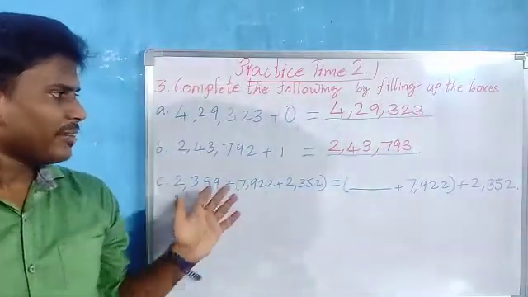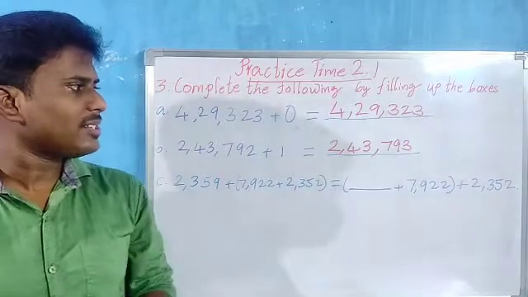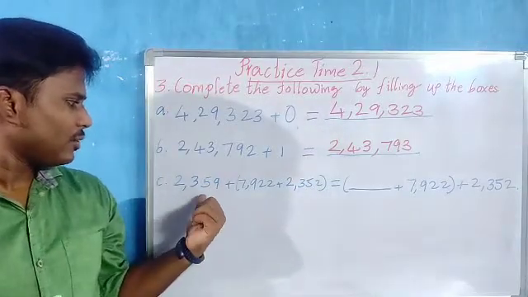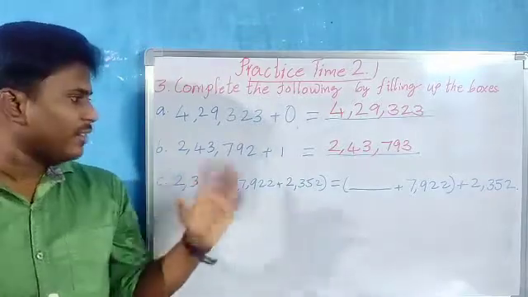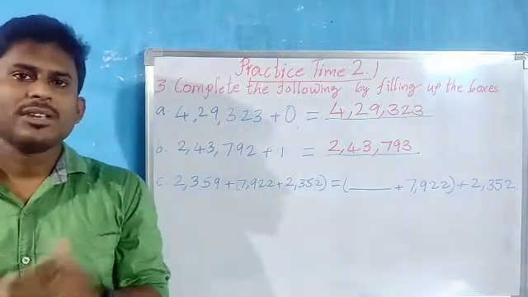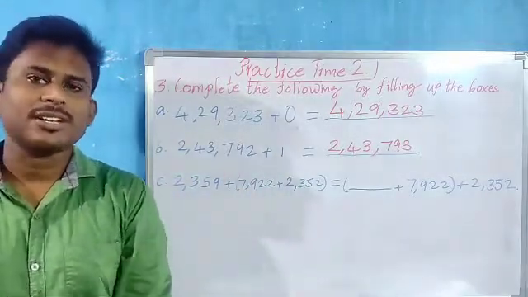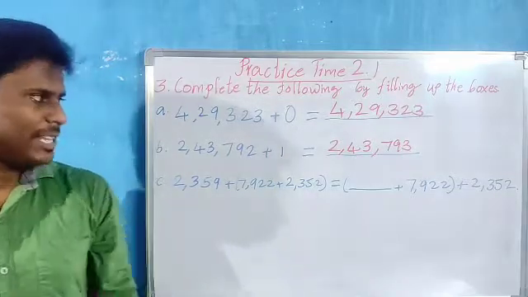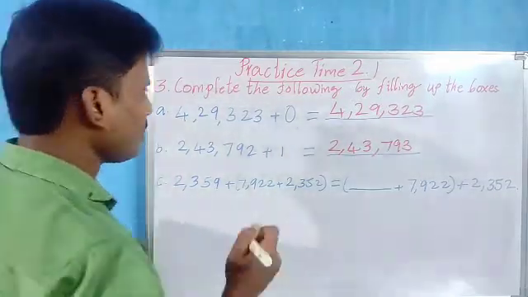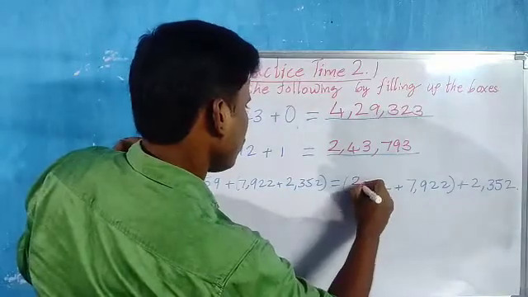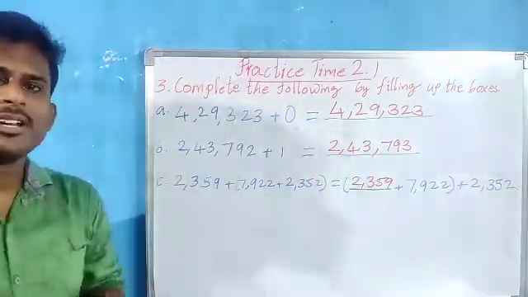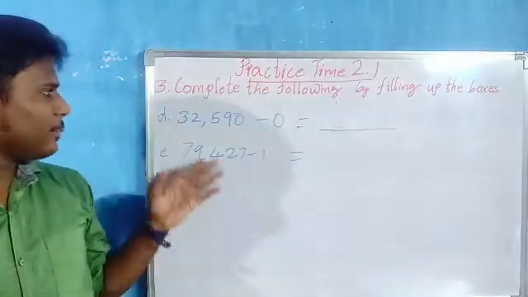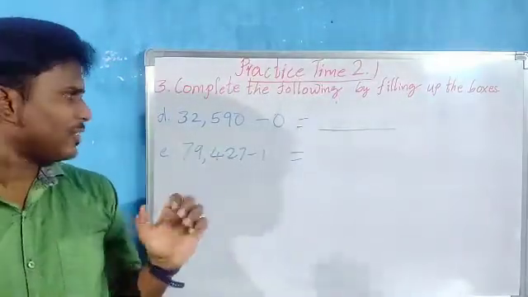So if we compare the left hand side with the right hand side, one number is missing, 2,359, children. So this is which property, children? Even though the groups changed, the answer will not change. Which property, children? Associative property. As per the associative property, the answer is 2,359.